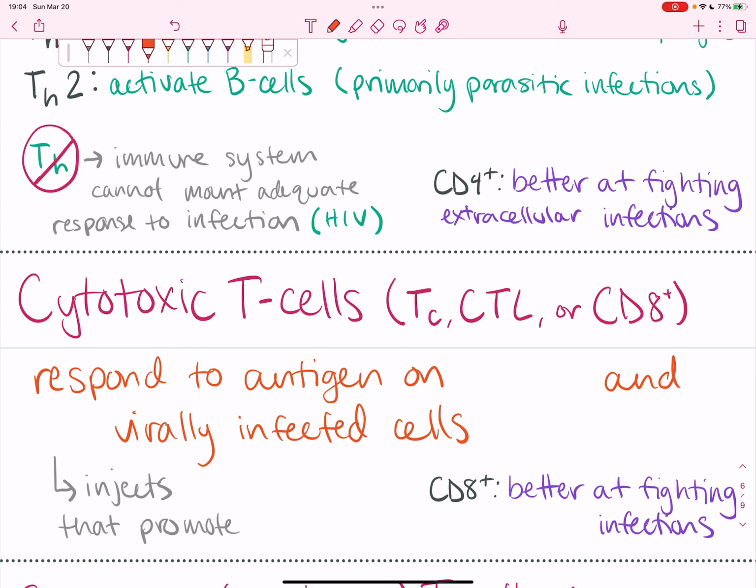Cytotoxic T-cells respond to the antigen on MHC1, and they kill virally infected cells. They do this by injecting toxic chemicals that promote apoptosis.